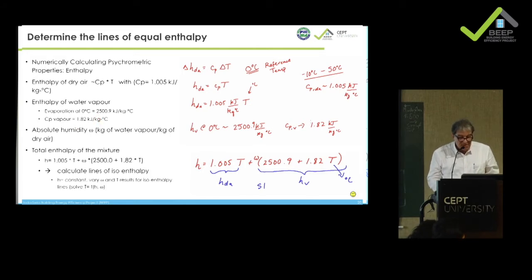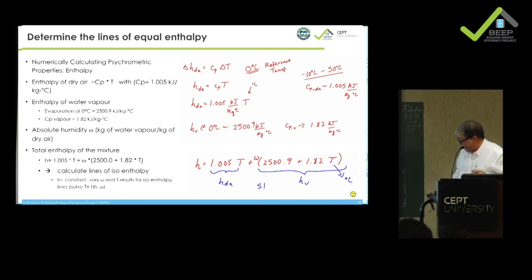So now, if we look at how you can calculate this enthalpy, referred to as H, the total enthalpy is actually the capacity times the temperature of the dry air, plus the humidity ratio. That means how much portion of water vapor you have in addition to the air.